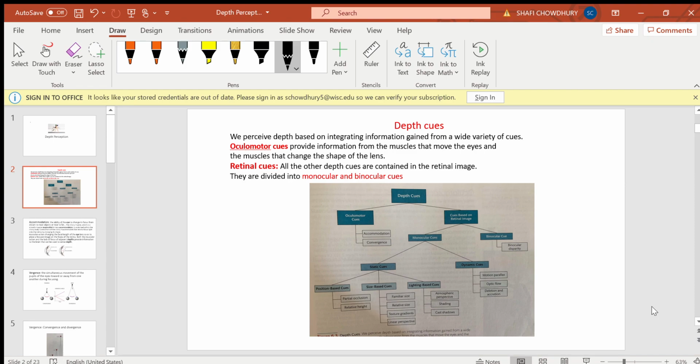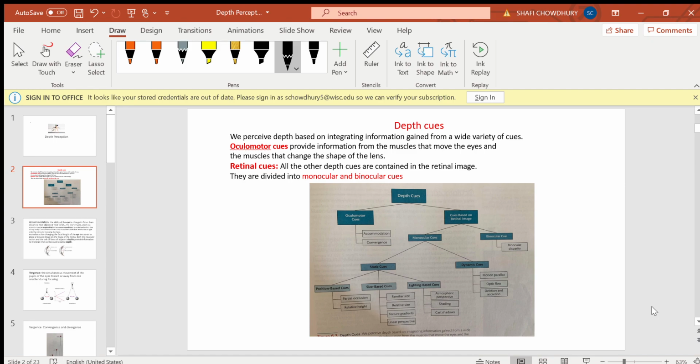So we divide the depth cues into two types. There are several depth cues your brain uses, and we can divide those cues into oculomotor cues and the retinal cues.